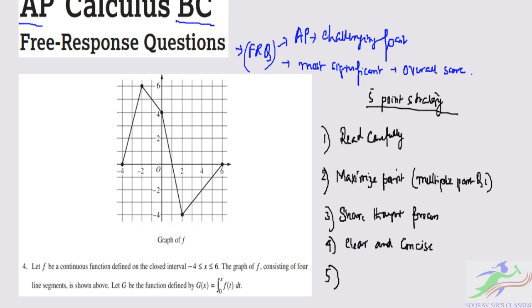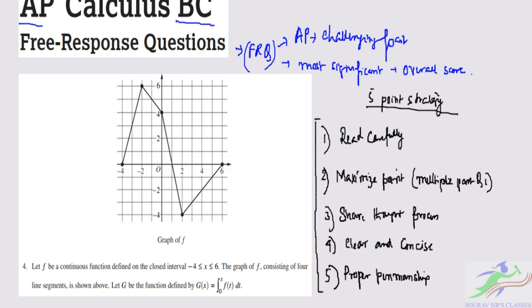And finally, the usage of proper penmanship. So these 5 things are required. This 5-point strategy is the simplest one, and if you follow it, I'm sure that you will get very good marks on the high end.